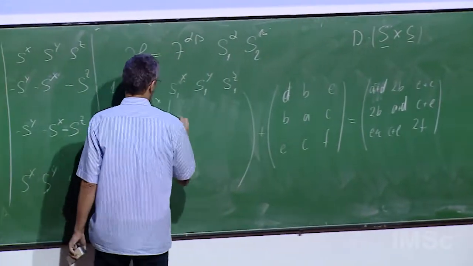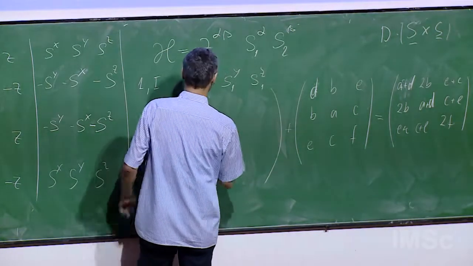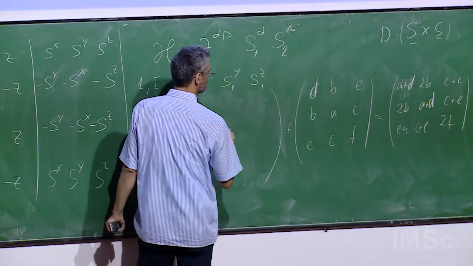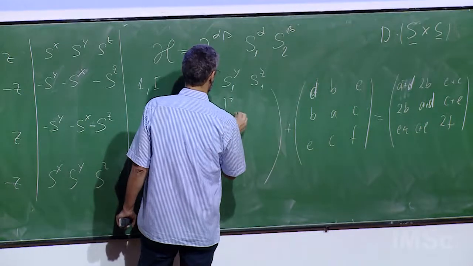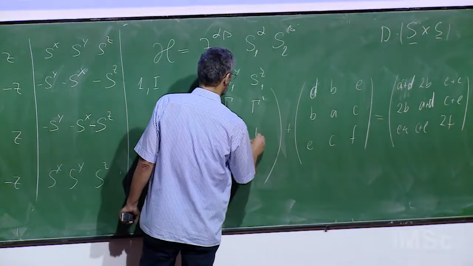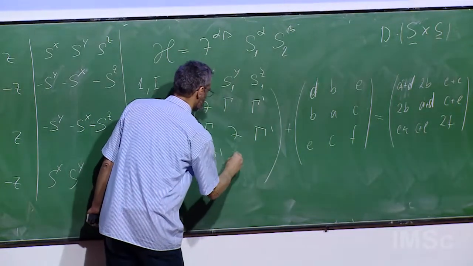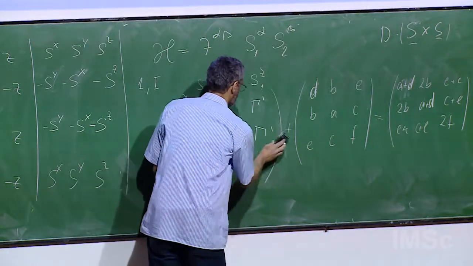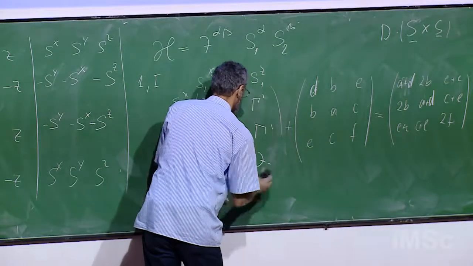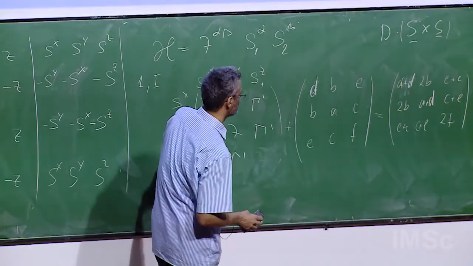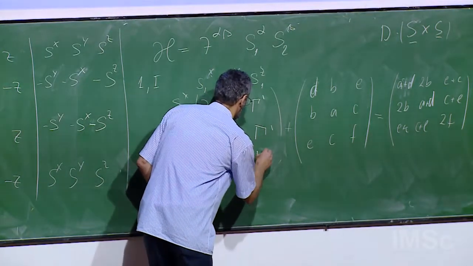Let's use some new symbols: J, gamma prime, gamma prime, gamma prime, and here I will use K plus J.